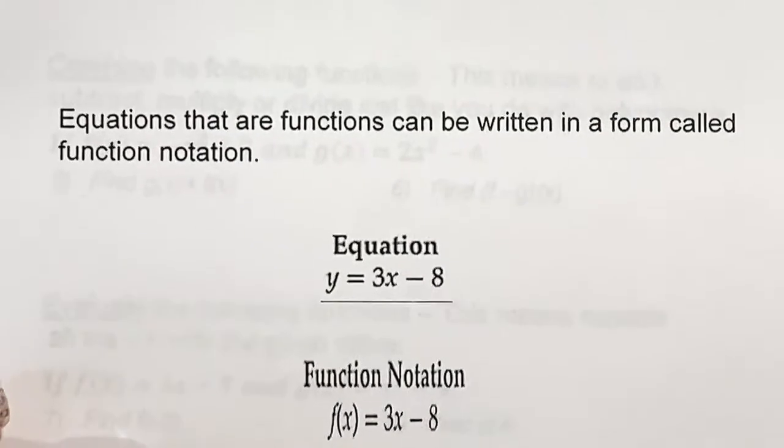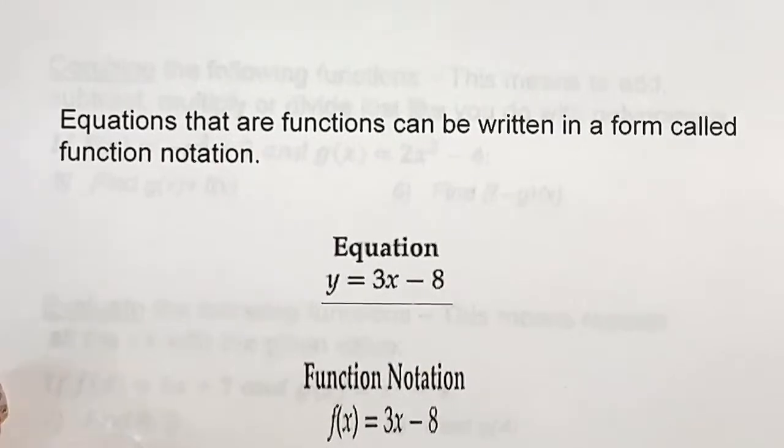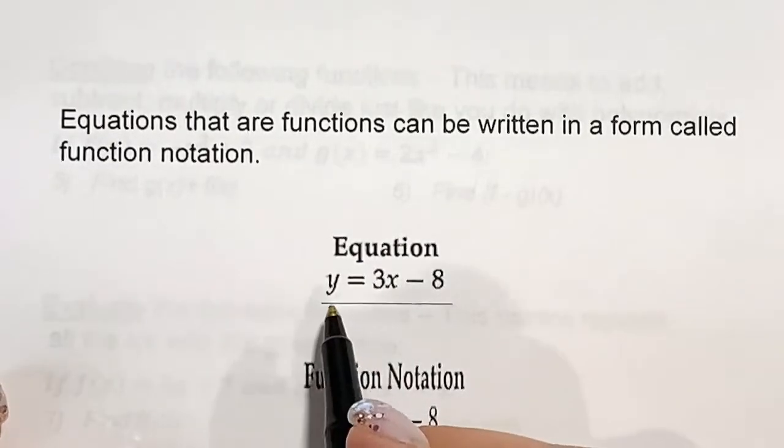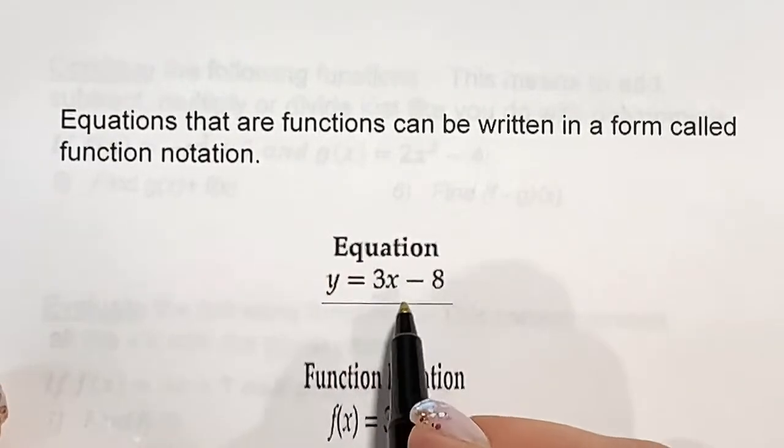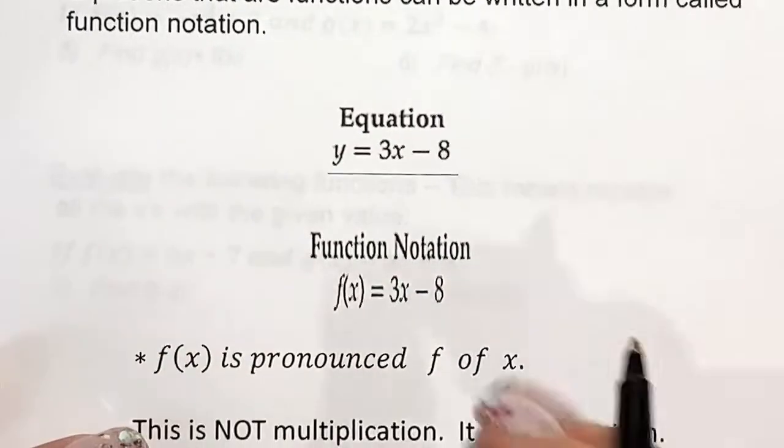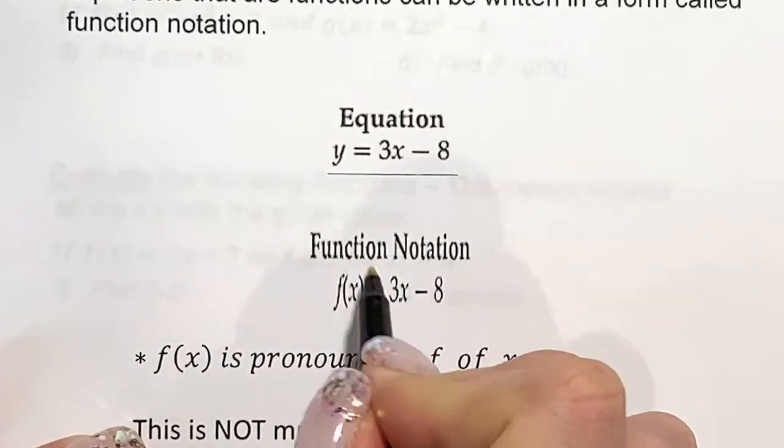So now we're going to look at the new notation. Equations that are functions, remember a function is one x value goes to one y value, can be written in a form called function notation. So usually up until this point, we've just used y's and x's. But function notation uses this little guy right here.